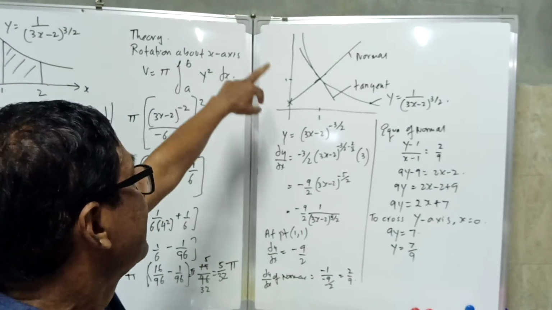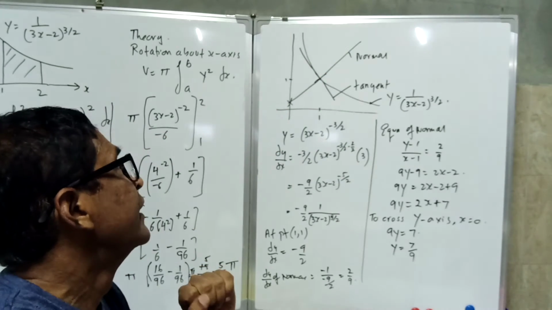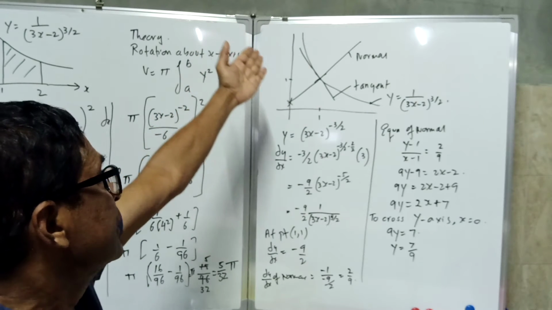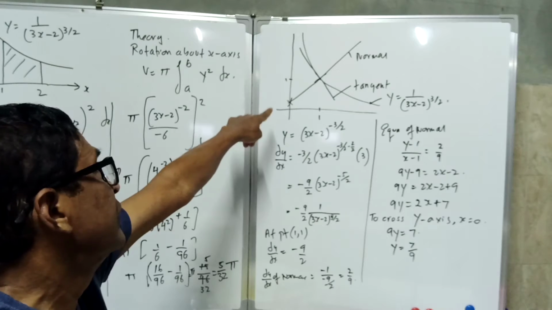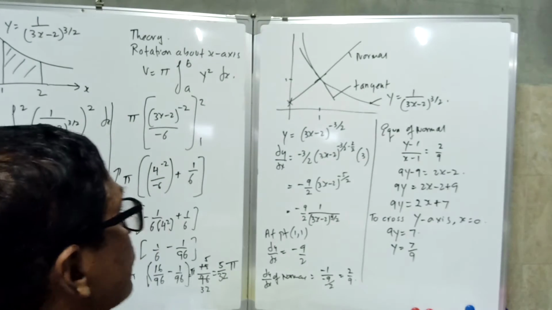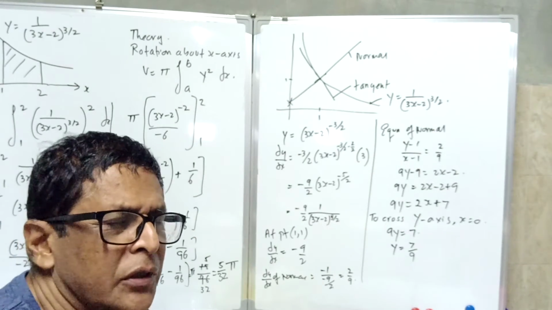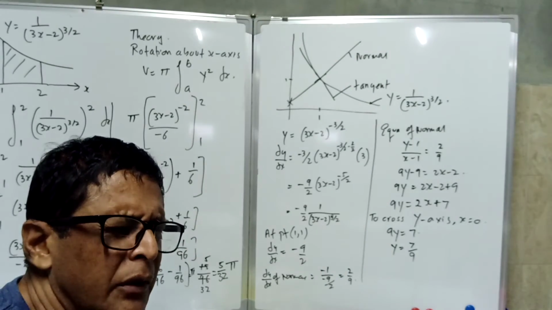Now this is the curve, and this is the normal. This is the curve, this is the normal, and there is a tangent coming here, and the normal coming here, and it will cut the x-axis, the y-axis here. You're told to find the y-coordinate at this point, where the normal cuts the y-axis.